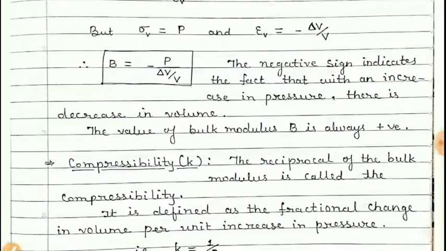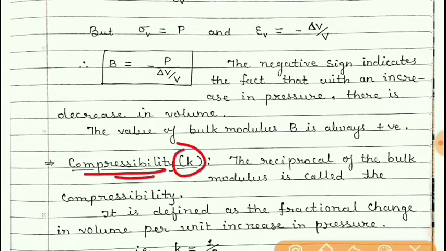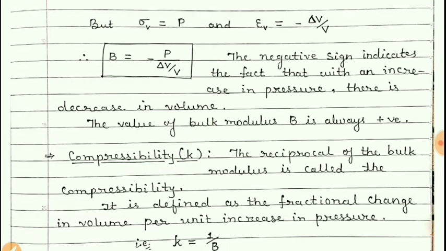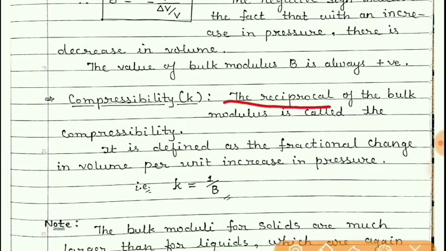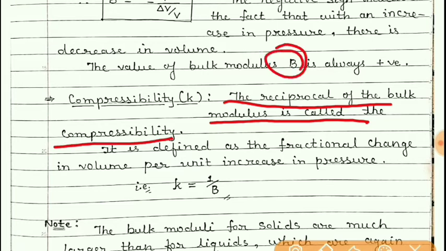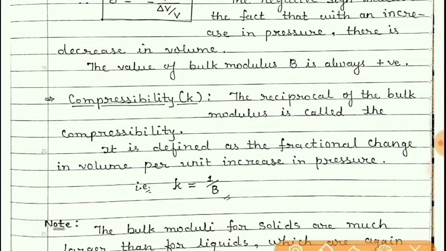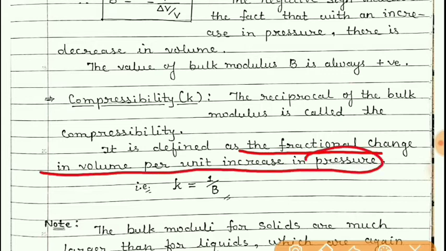Now compressibility, denoted by K. The symbol is small k. The reciprocal of the bulk modulus is called the compressibility, that is the inverse of B. So K is nothing but 1 upon B. In other words, we can define this as the fractional change in the volume per unit increase in pressure.